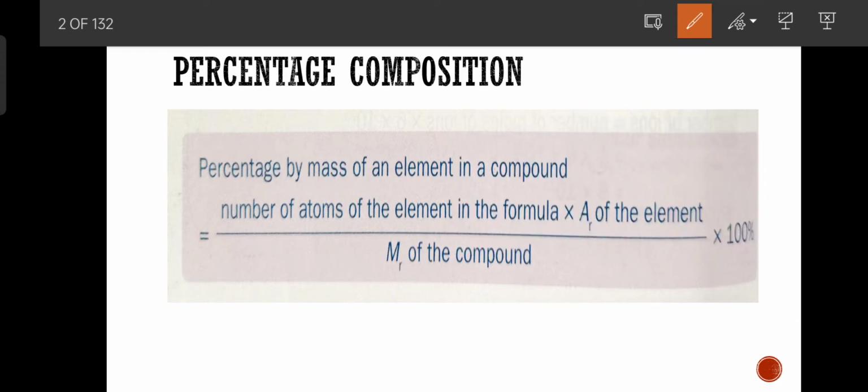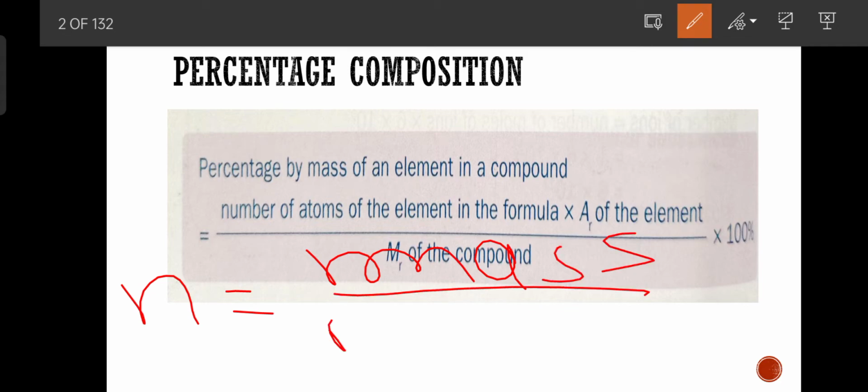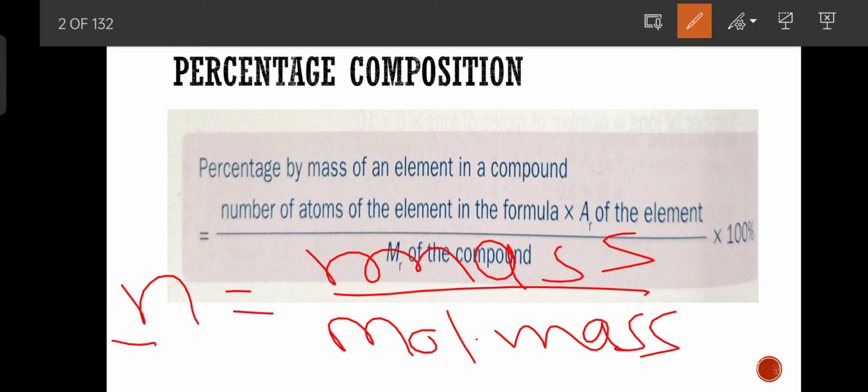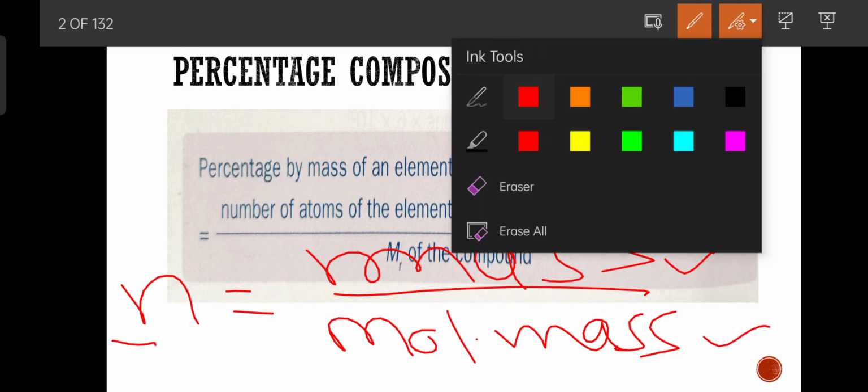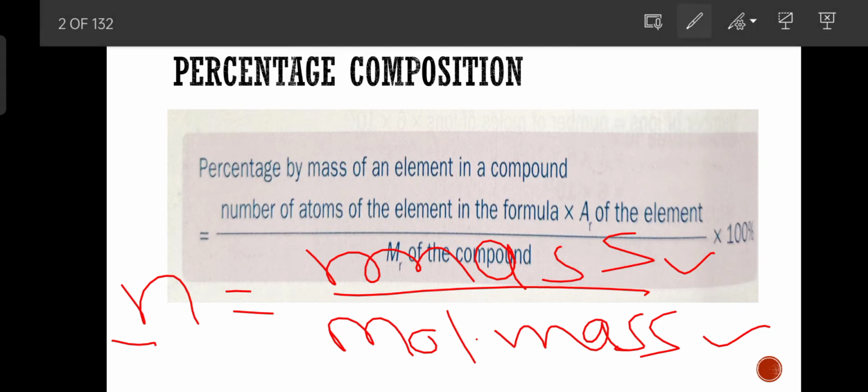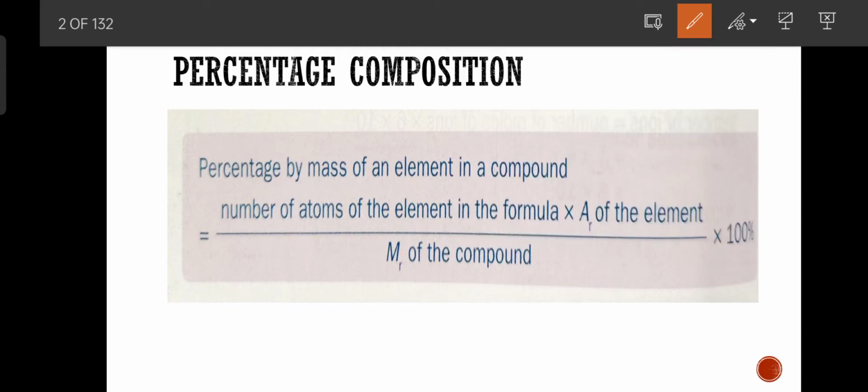And if you have to find the mass in grams, then by using the other formula, mass in grams divided by molar mass, you can find the number of moles if you have the mass and molar mass. And you can find the mass in grams if you have the number of moles and molar mass. Okay? So this is how you can use these formulas to find different values.